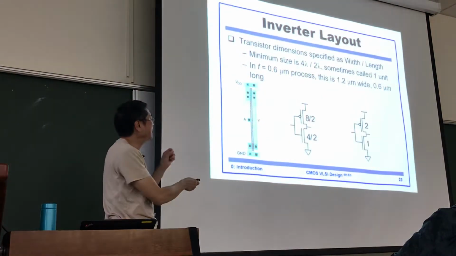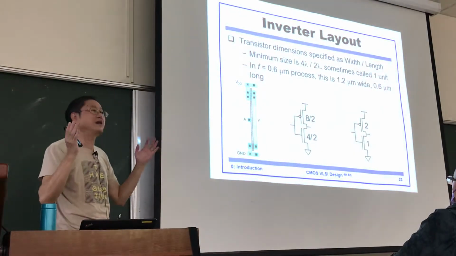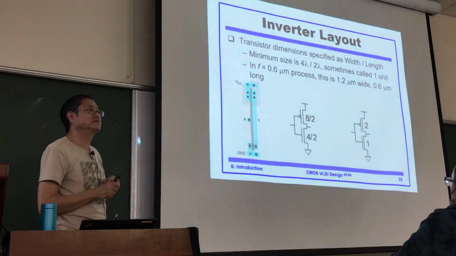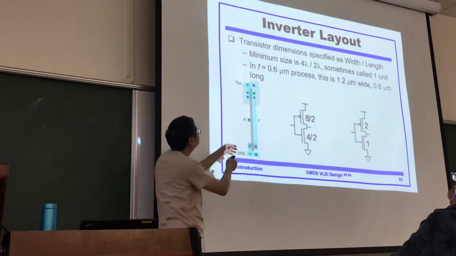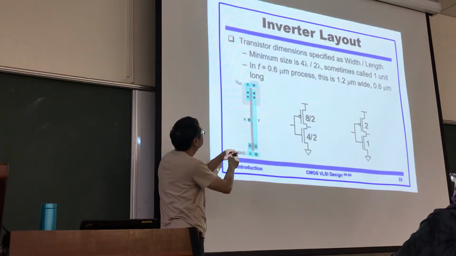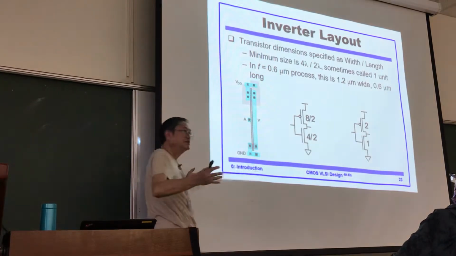Okay, 8 lambda or 4 lambda is the channel width, how wide the polysilicon is. So you can see that the channel length is 2 lambda. The width is 8 lambda wide, or 4 lambda wide. Okay, the channel width.